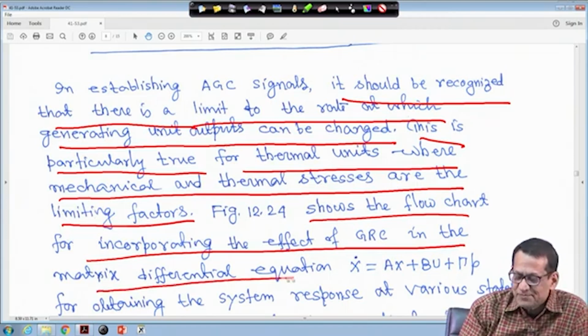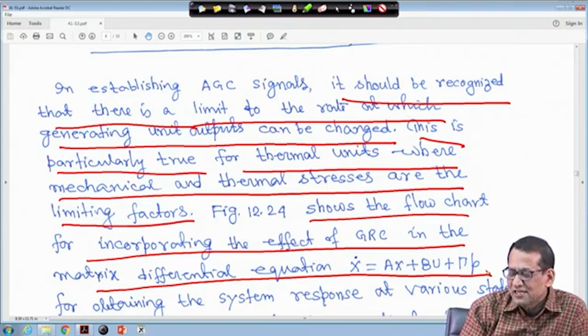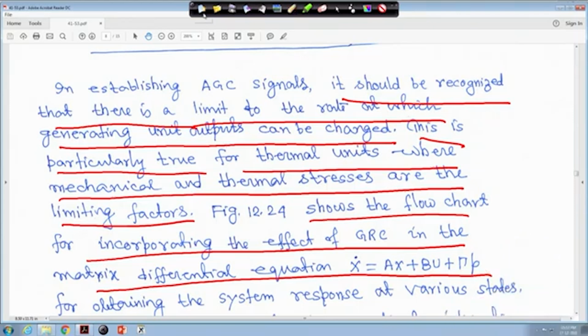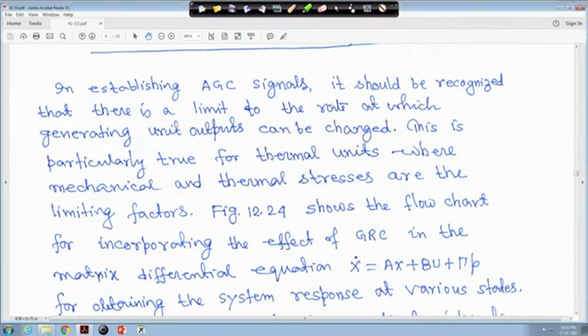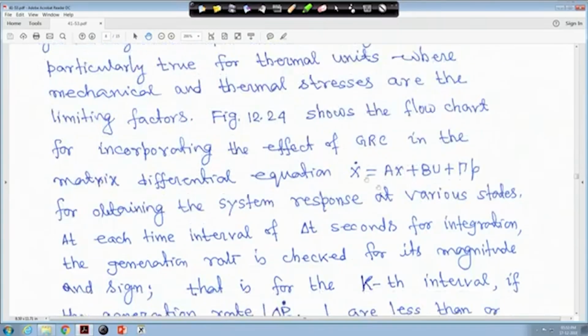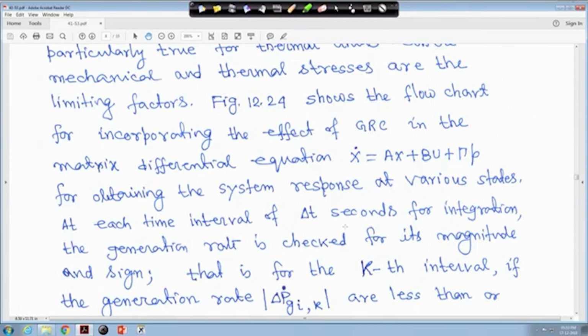In the matrix differential equation, x dot is equal to Ax plus Bu plus gamma p. For obtaining the system response at various states, at each time interval delta t second, for integration the generation rate is checked for its magnitude and sign.